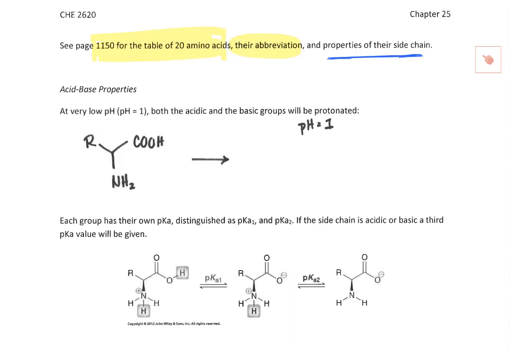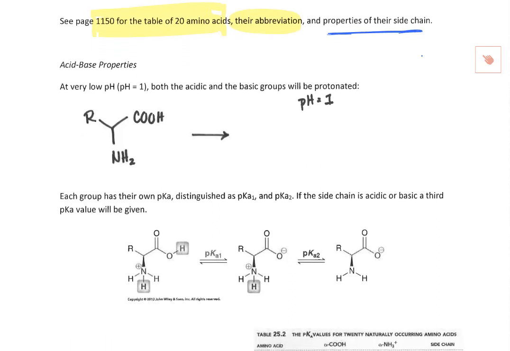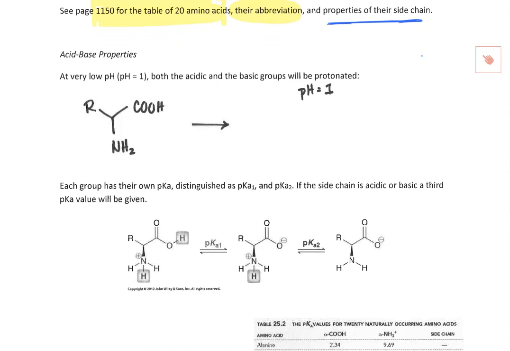So we're going to look at pH and pKa and talk about those amino acids and how they're going to behave, and also how their side chains are going to behave. So when we start looking at amino acids at very low pH, both of these groups, the COOH and the NH2, are going to be protonated.